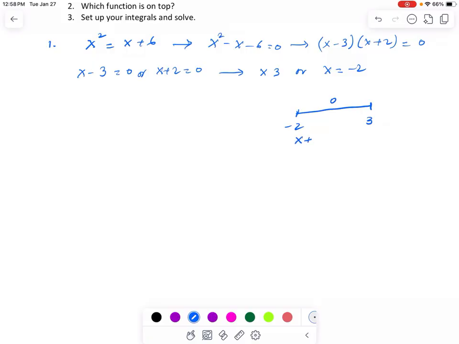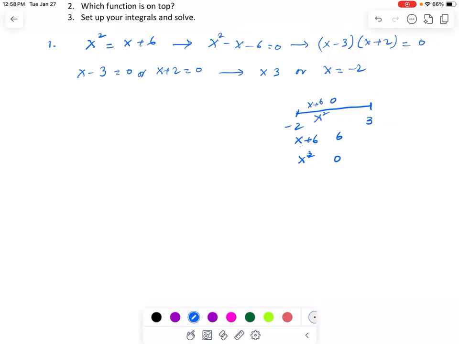The value will be 6. What will be the value of x squared? It will be 0. Which one is bigger? x plus 6. So it means x plus 6 will be above, and x squared will be below.